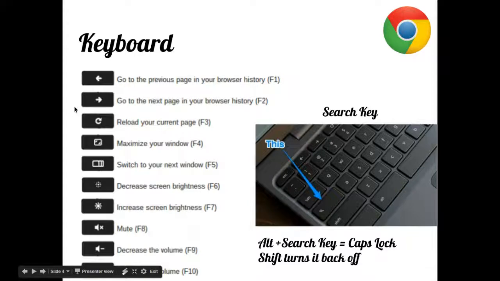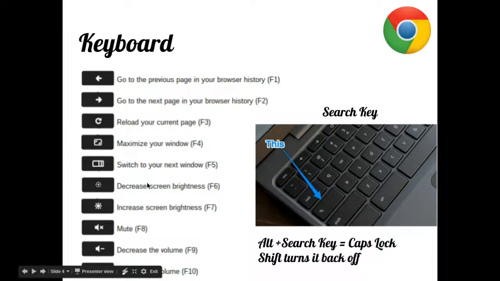You have a back and forward arrow, a reload button, a maximize button, and a switch to the next window button. I'll demonstrate what those do here in just a moment. Those are two that are a little different than a Windows machine. And then the rest of the buttons can increase or decrease your screen brightness and your volume.